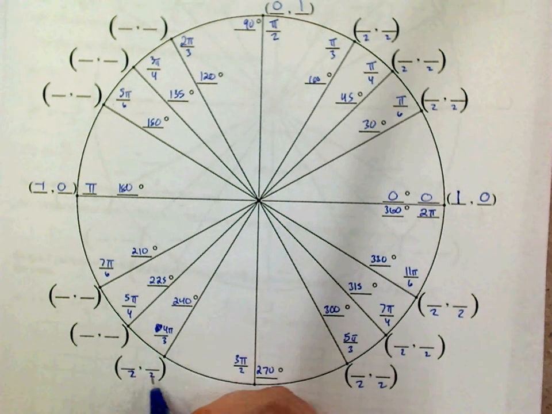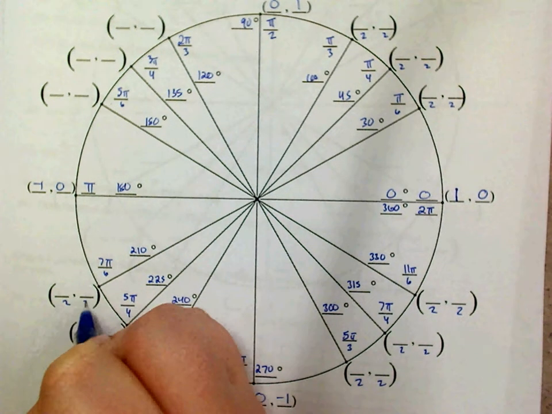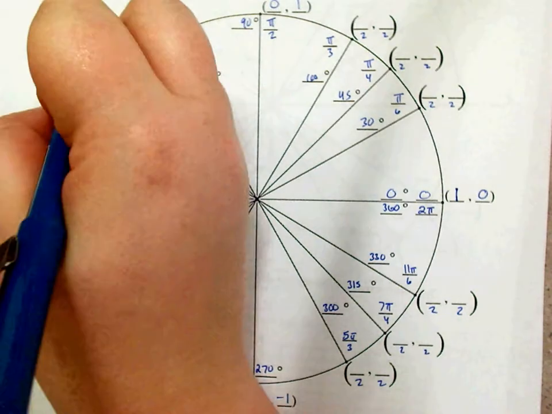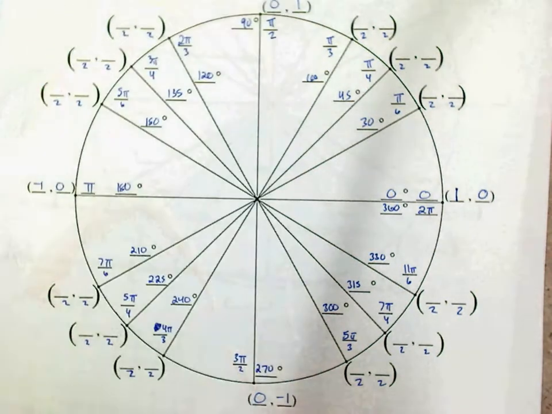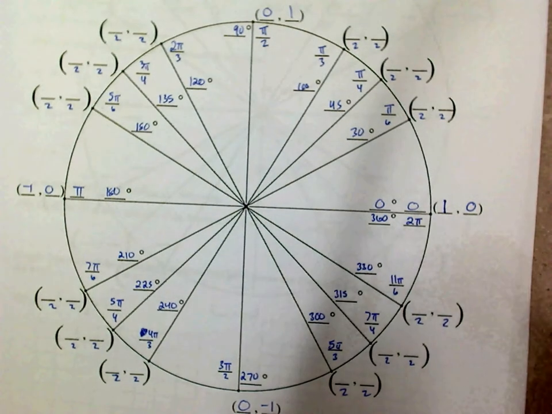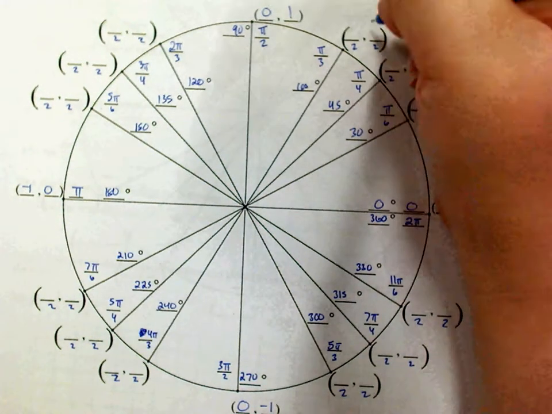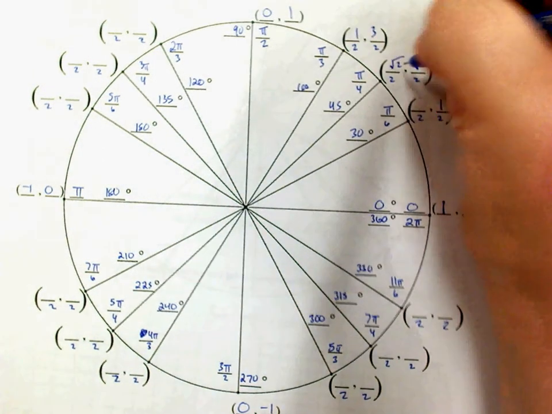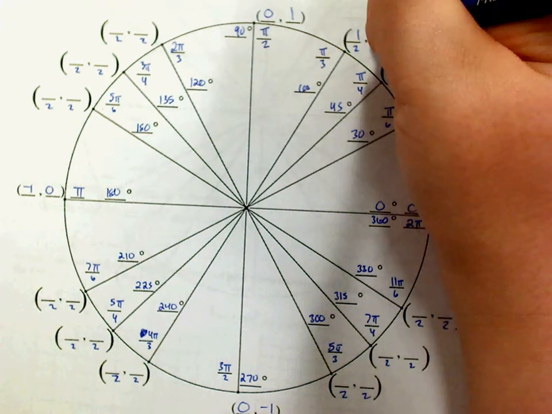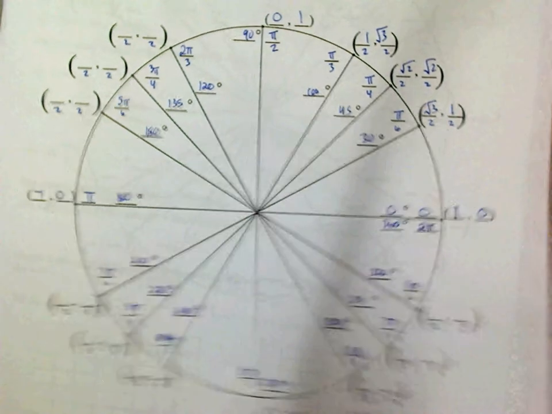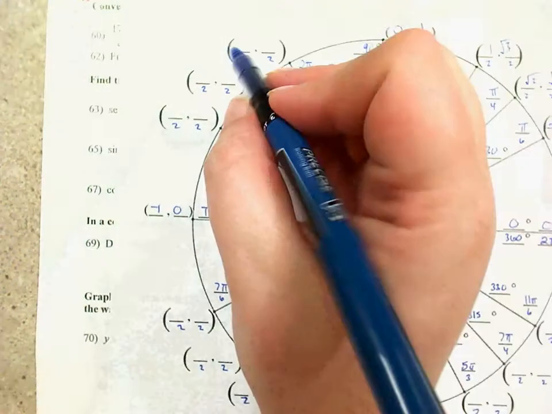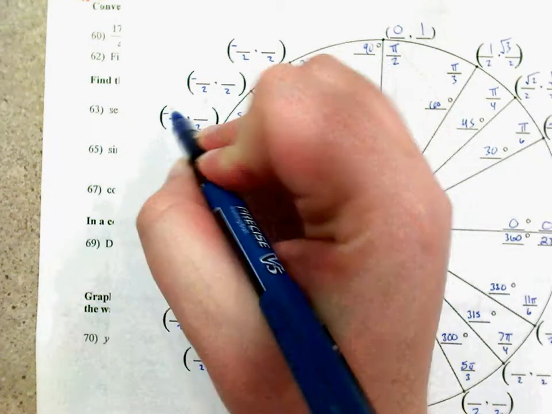Okay, what's the pattern? 0, 1, 2, 3, 1, 2, 3. I forgot my square root. Okay. What's negative in the second quadrant? The x, right? What's negative in the third? What's negative in the fourth? The y.